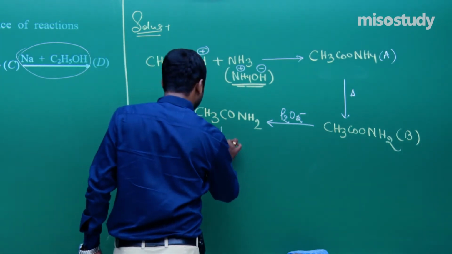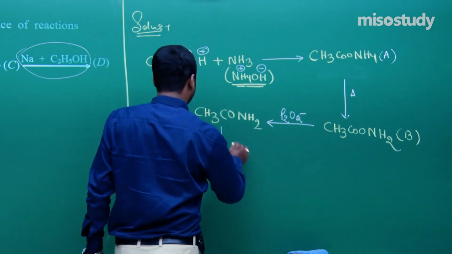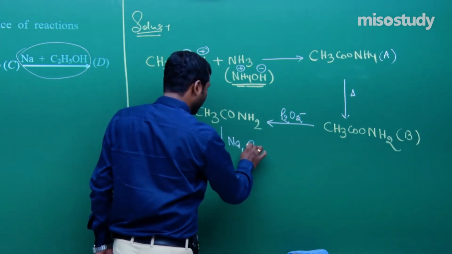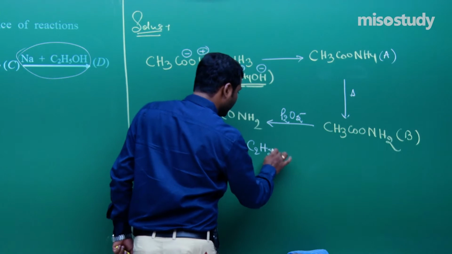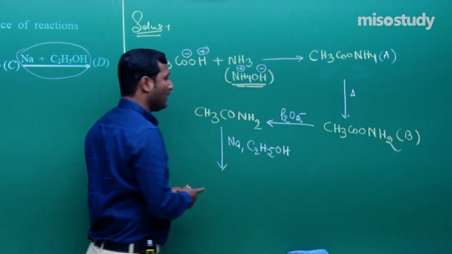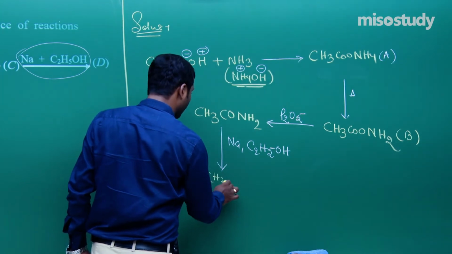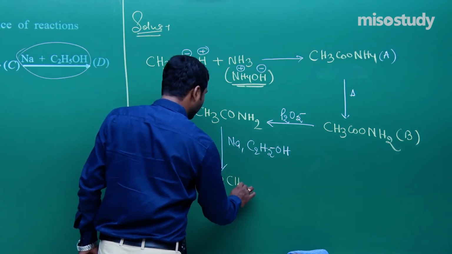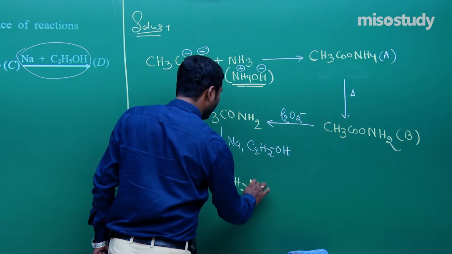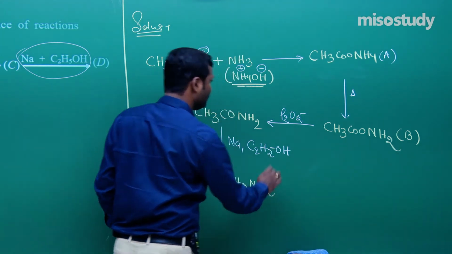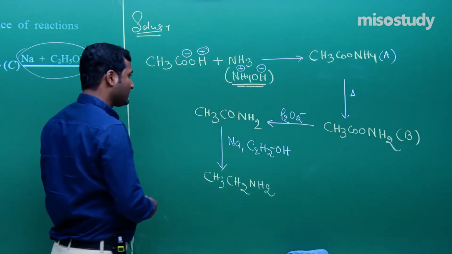CH3CN on further treatment with Na in presence of C2H5OH, what will happen? The reduction, that is removal of oxygen, gives CH3CH2NH2. Clear to you?